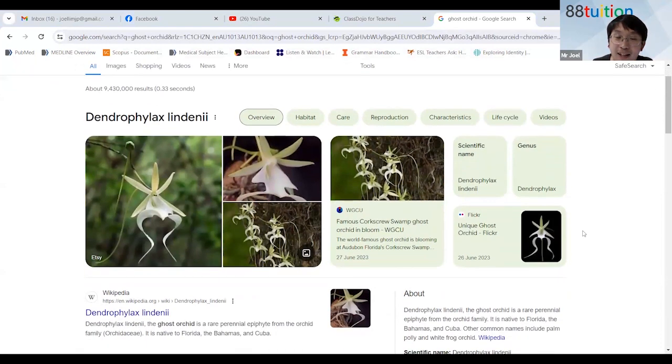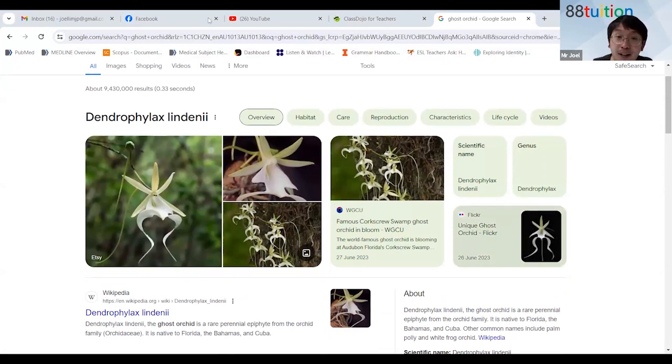But its nickname is the ghost orchid. It's called the corkscrew swamp ghost orchid. The world famous ghost orchid is blooming at Audubon's Florida Corkscrew Swamp. It is a very rare orchid and native to Florida, the Bahamas, and Cuba.